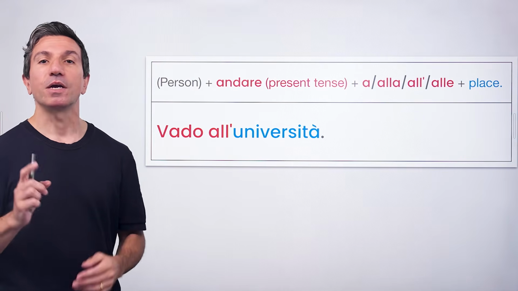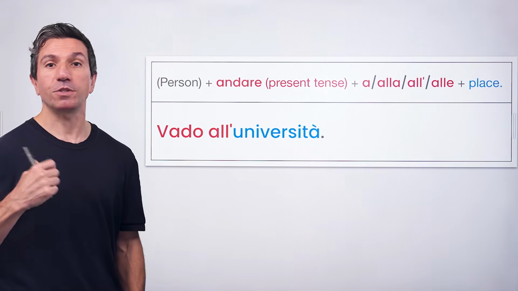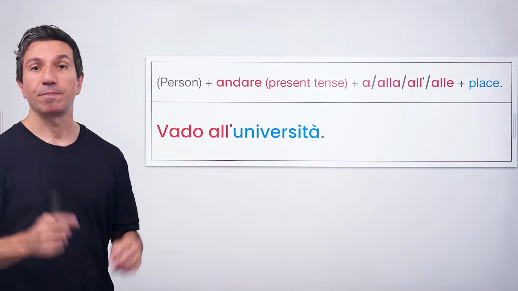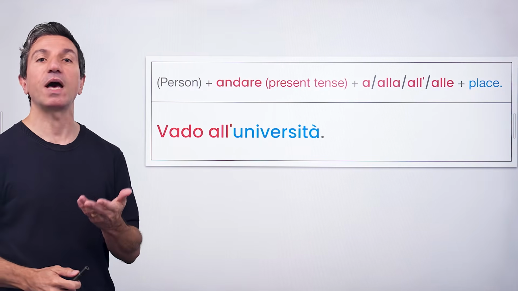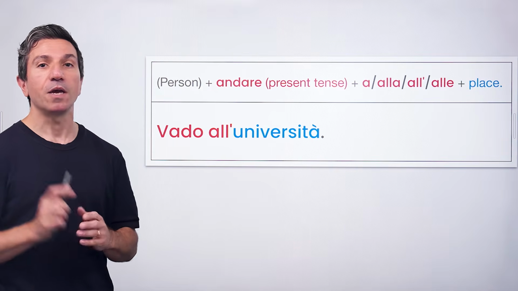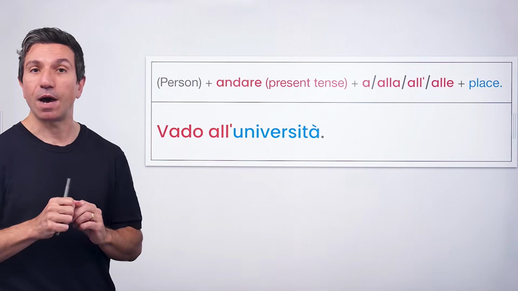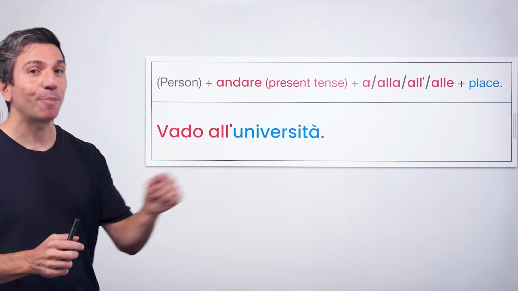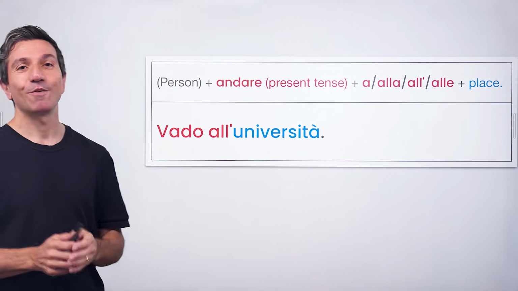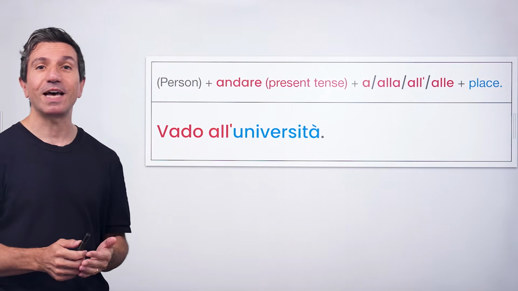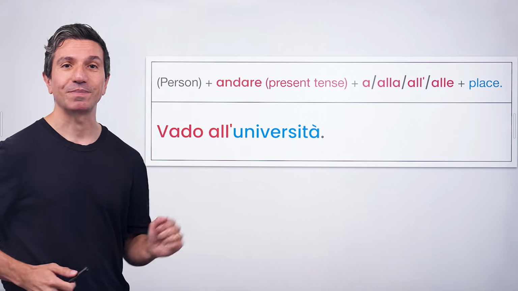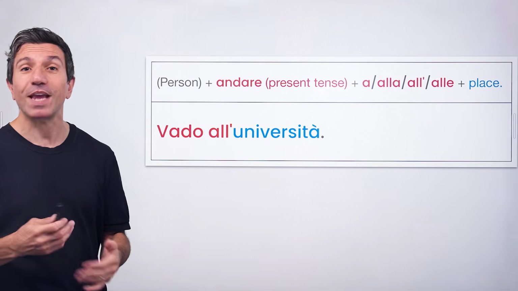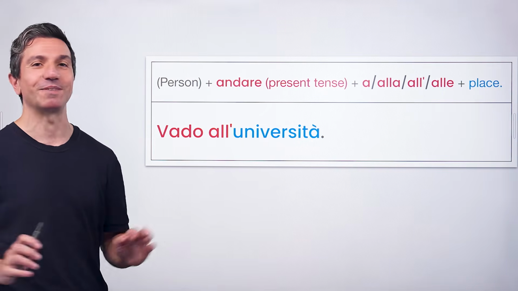When talking about going to a place, we use the verb andare in the present tense, followed by a plus the place. The preposition a often combines with the article of the noun, giving forms like al, alla, all', alle. For example, vado all'università, I go to university. These patterns help describe everyday routines and locations clearly and naturally.